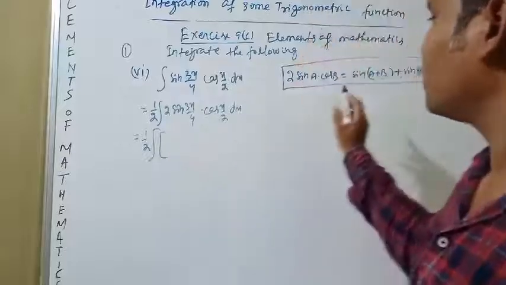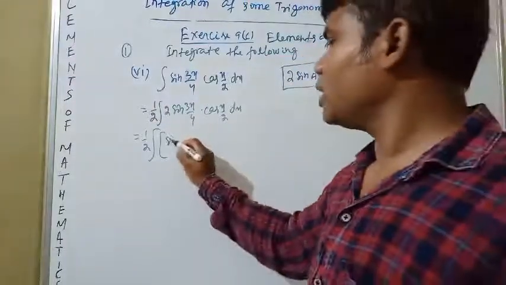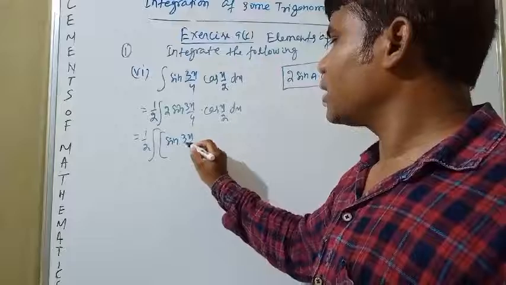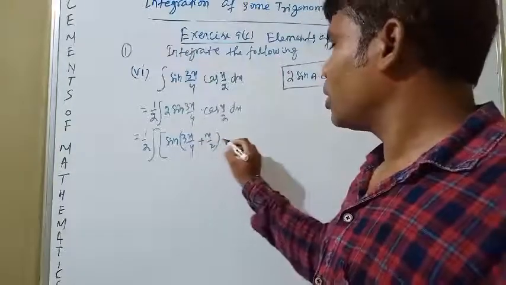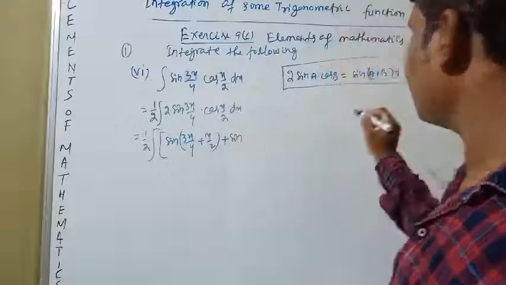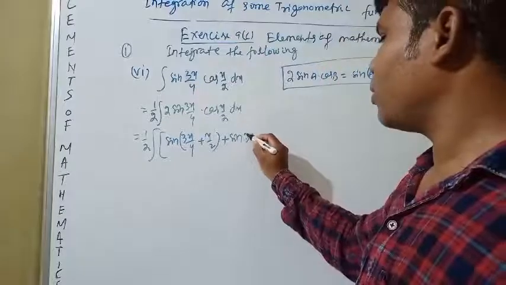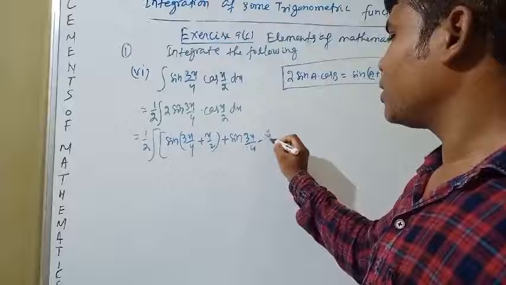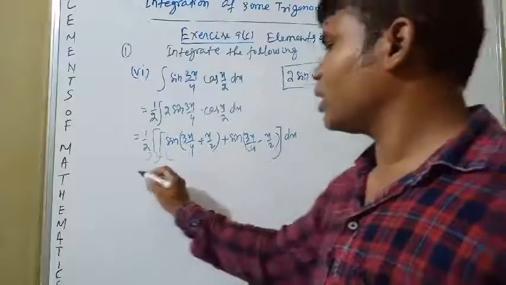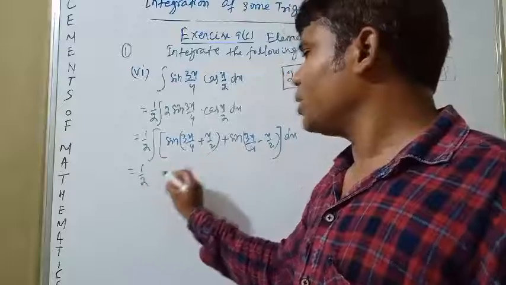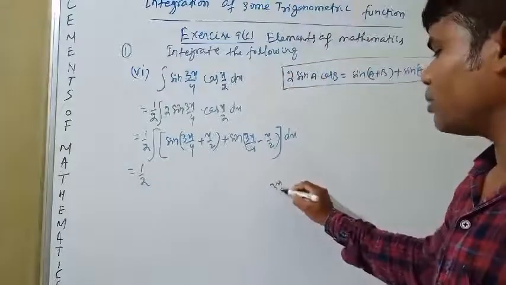So 2 sin 3x by 4 into cos x by 2 dx is equal to 1 by 2 times the integral of sin(a plus b), that is sin(3x by 4 plus x by 2), plus sin(a minus b), that is sin(3x by 4 minus x by 2), dx. Taking the LCM 4, 3x by 4 plus x by 2 gives 5x by 4, and 3x by 4 minus x by 2 gives x by 4.